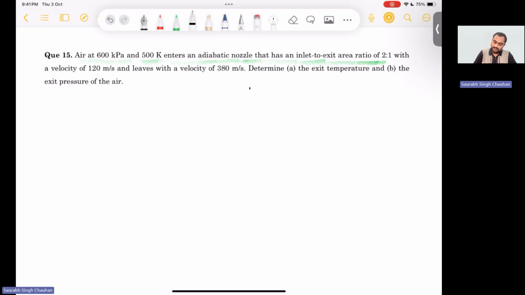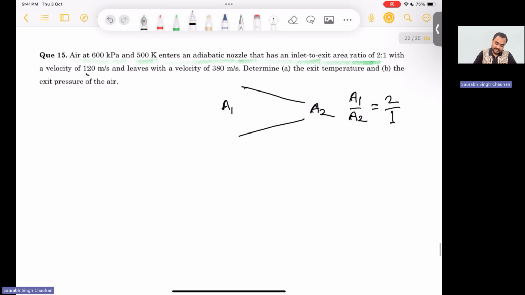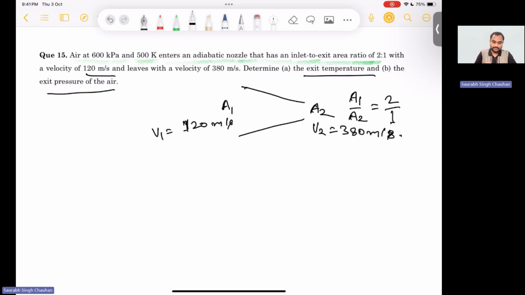Okay, so at inlet and at outlet, the ratio of area is 2:1, with the velocity of 120 meter per second and leaves with the velocity of 300 meter per second. So at inlet the velocity is v1, 120 meter per second, and at outlet the velocity is 300 meter per second. We have to determine the exit temperature and the exit pressure of the air.